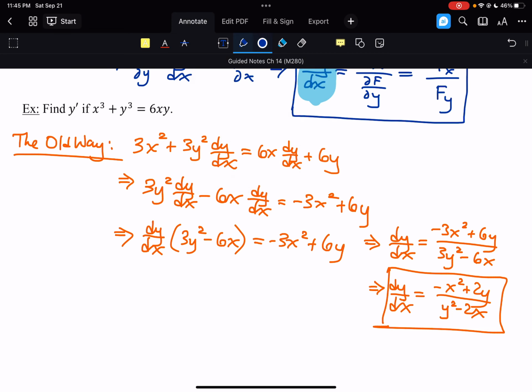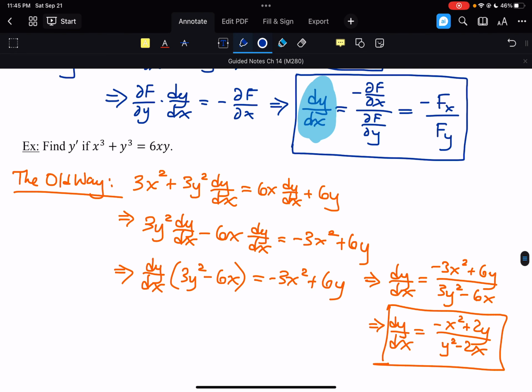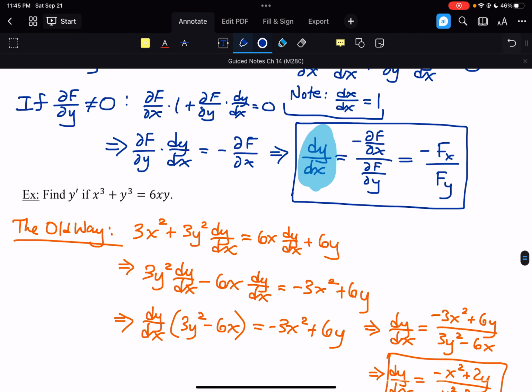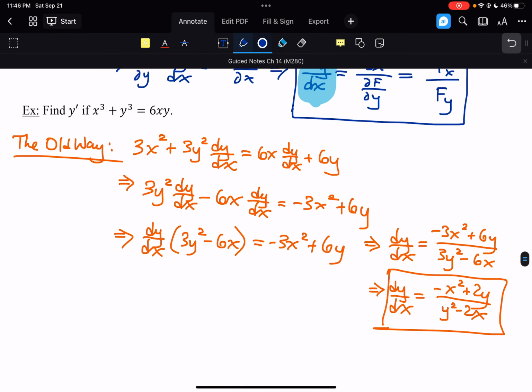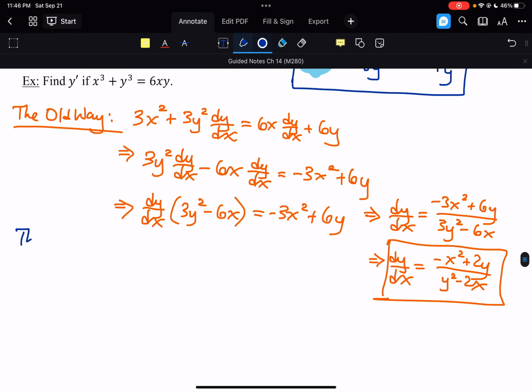But of course, we don't want to have to use implicit differentiation anymore. We want to use this Calc 3 technique using this formula. So we need to move everything to one side because we have to have everything set equal to 0. So this is the new way. So we're going to move everything over. So x cubed plus y cubed minus 6xy equals 0.